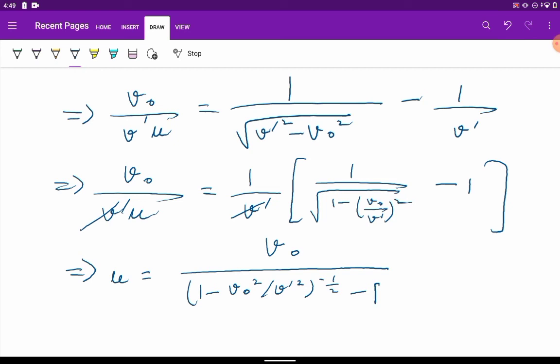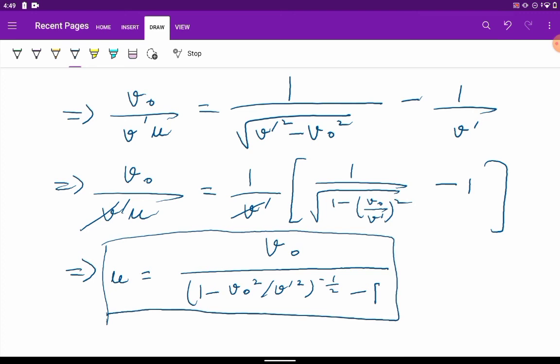So v naught divided by 1 minus v naught square by v dash square whole power minus half, because it's a square root and it goes in the numerator, so minus half, minus 1. So this is basically the required value.